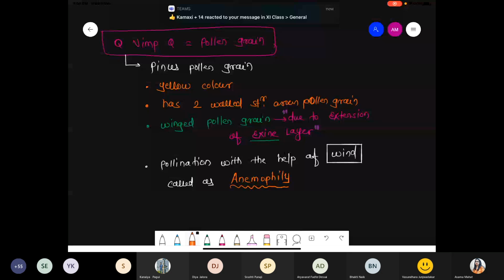Should I start with the diagrammatic representation? How does the pollen grain look in case of pinus? Ma'am, what is after wall structure? Okay. Yeah, so quickly, we'll first of all draw the structure. So pollen grain in case of the pinus, winged pollen grain.